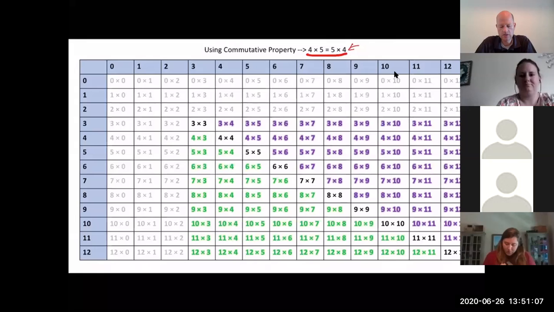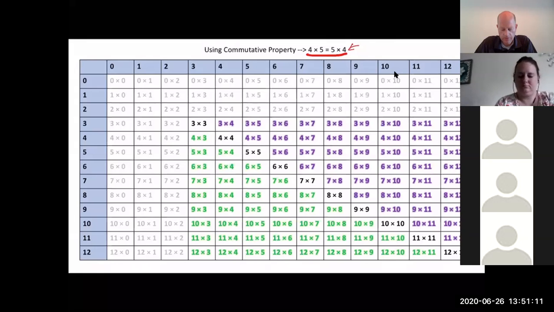Let me start that over. 4 groups of 5 is what you like to do. But you have the 5 times 4. But you know that they're equal in value. So you can count by 5s and get to know what 4 groups of 5 are instead of 5 groups of 4. Okay. So they can help you go faster.